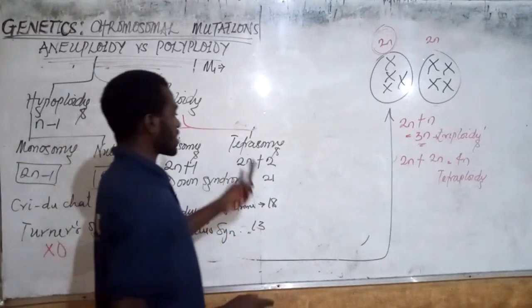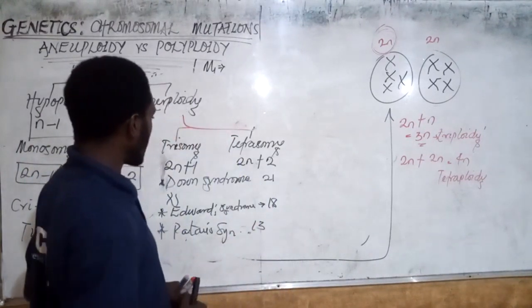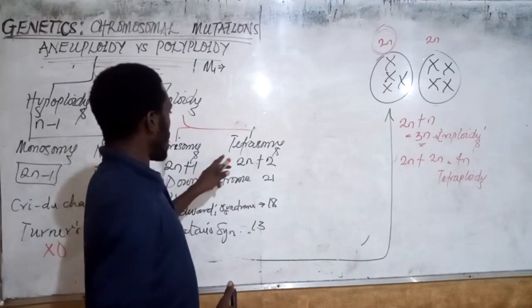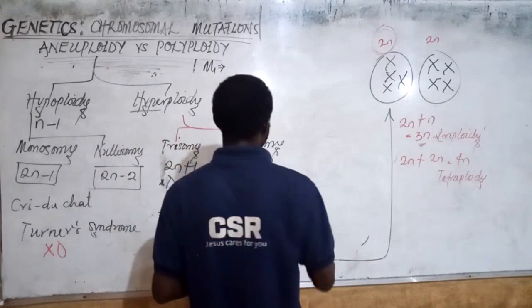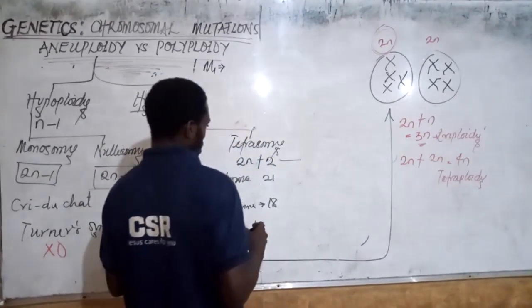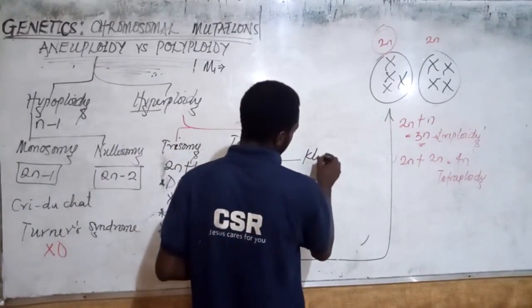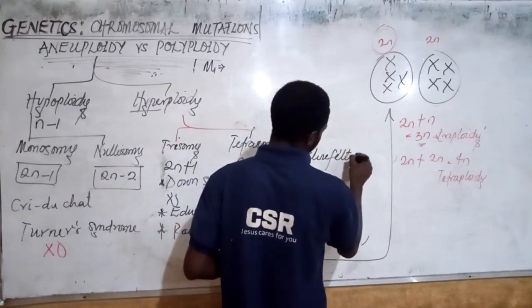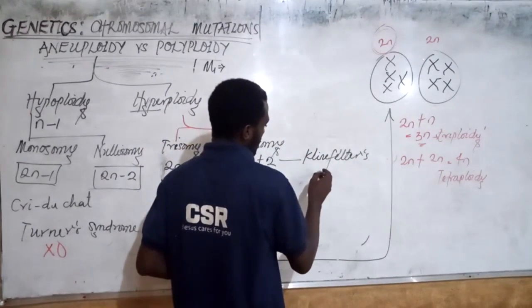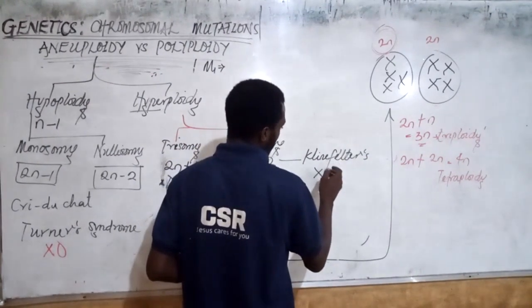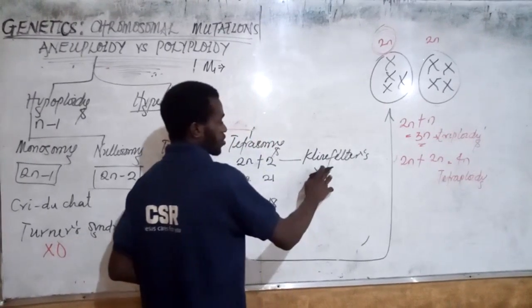Now, there is also the tetrasomy. When it happens with the sex chromosomes, it produces an extra pair of chromosomes, such as we see in Klinefelter's syndrome.